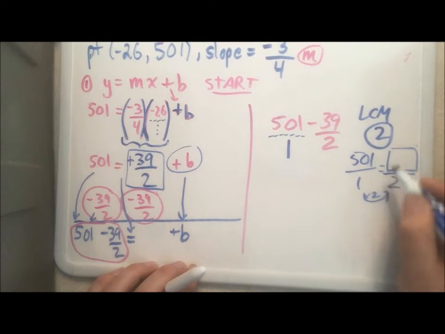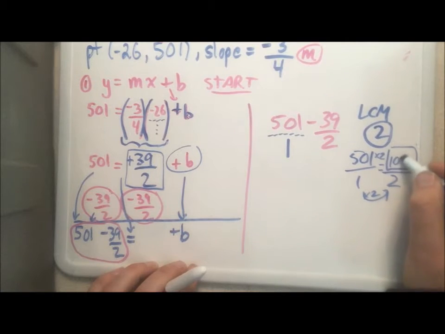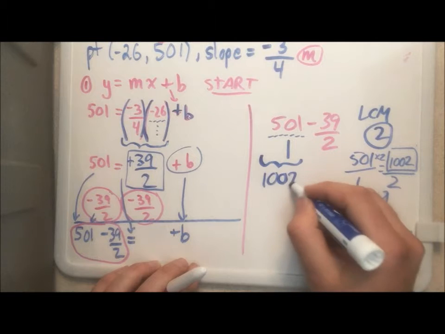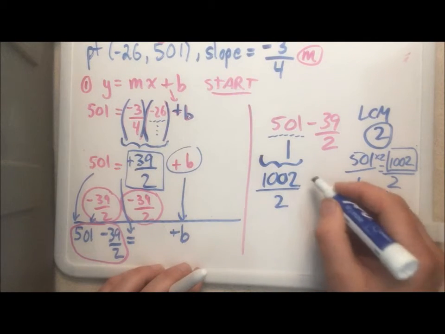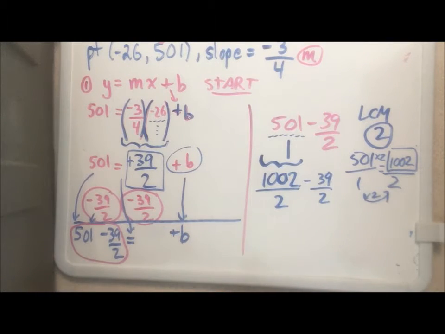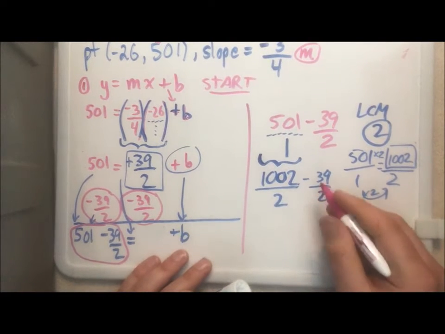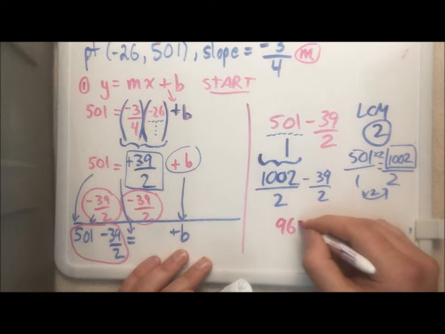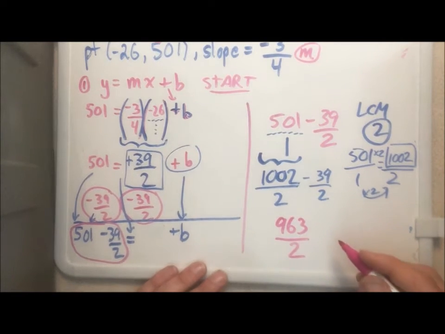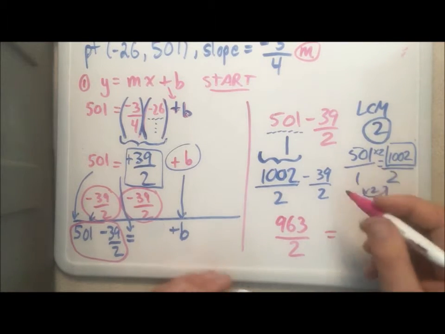I'm doubling it, so I got to double that. 1002. So this becomes 1002 over 2 minus 39 over 2. Do a little math there. That'll be 963 over 2. That equals b.